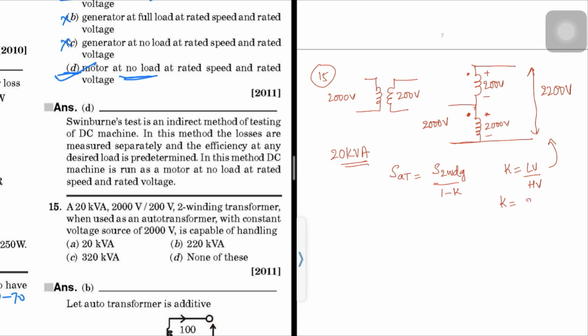So K is 2000 by 2200, which is 10 by 11. So the rating of the auto transformer will be 20 kVA divided by 1 minus 10 by 11, which is equal to 220 kVA. So this is the answer, option B.